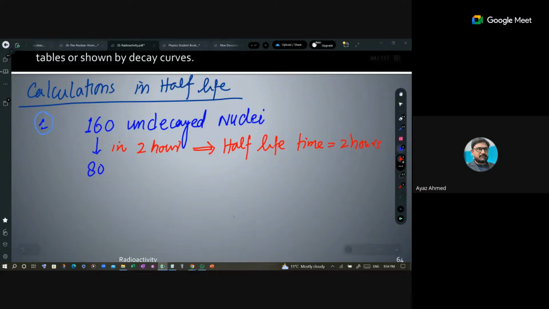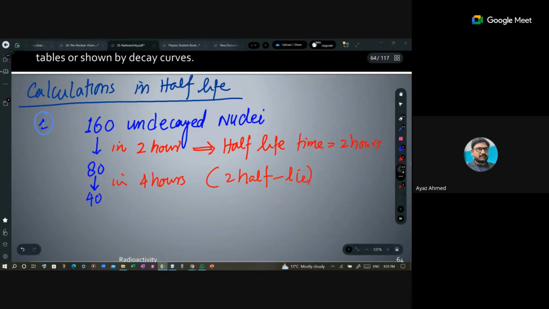Okay, in the next 2 hours they would decrease to half of the current amount. They would become 40. And how much time would then be spent? In 4 hours, I mean two half lives, they would decrease to 20.